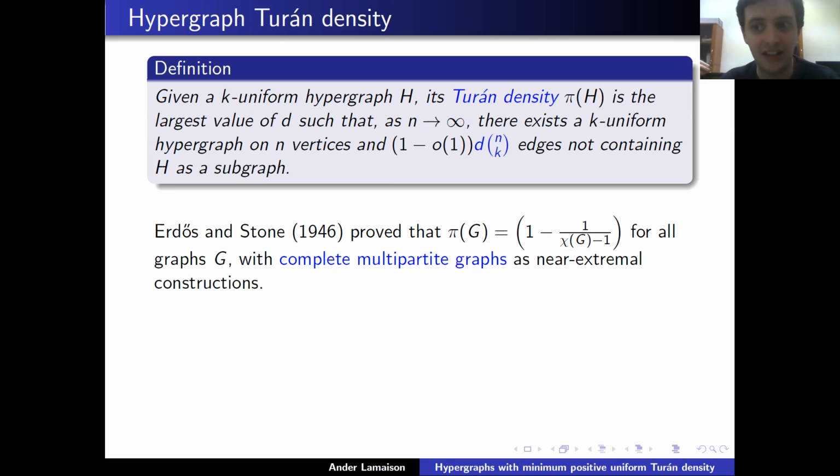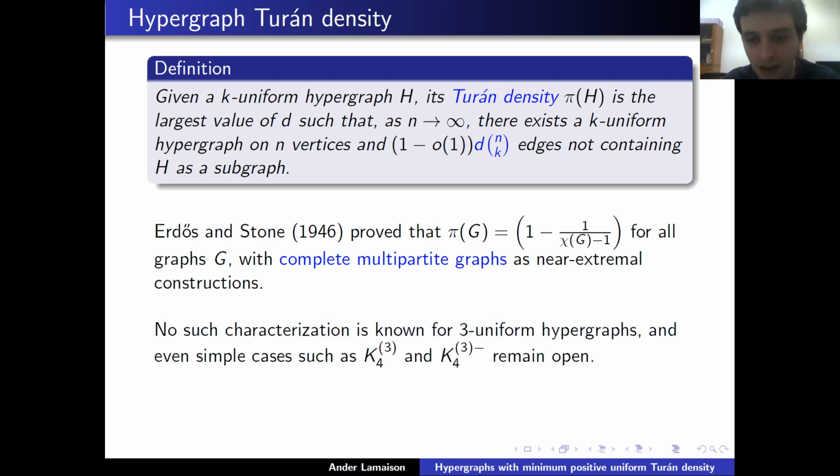For hypergraphs, it is very much open. Even for simple cases, as in 3-uniform hypergraphs, even hypergraphs as simple as K4 or even K4 minus an edge, those cases still remain open.